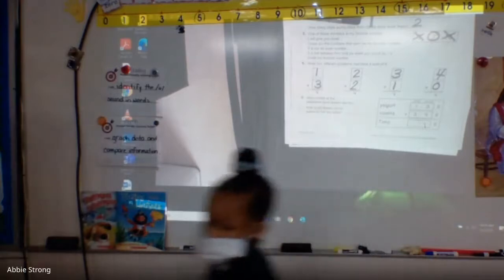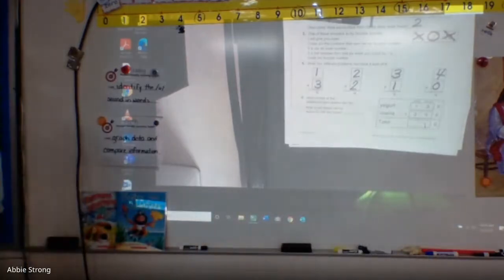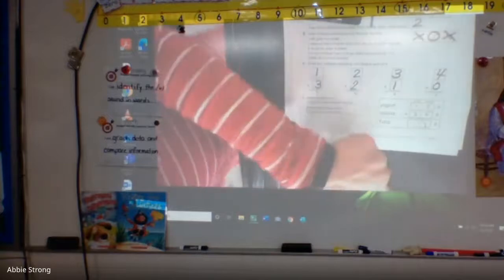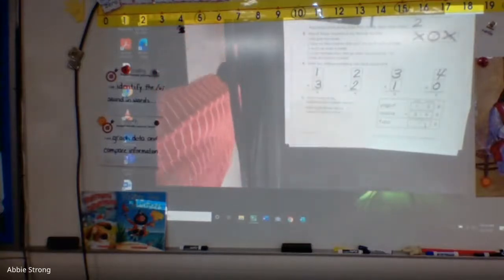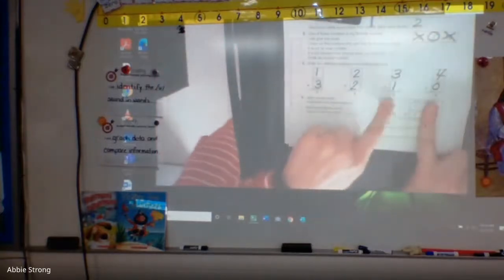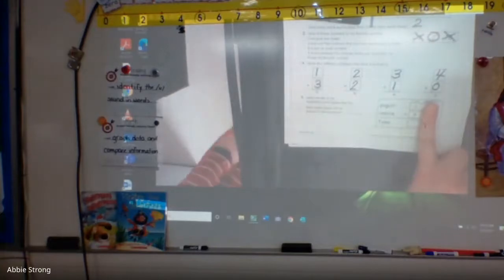All right, the next part, we're going to add the tens column. Delilah, this is for you. We're going to add the dimes, the tens column. That's the column that's on the left of this. We have to add 1 plus 3. I need someone to come up here and add that for me. Savannah, come on up here, honey.